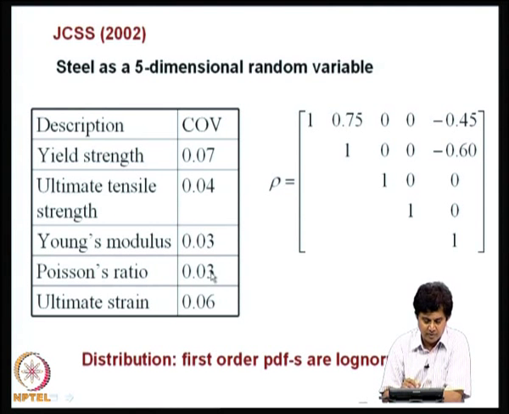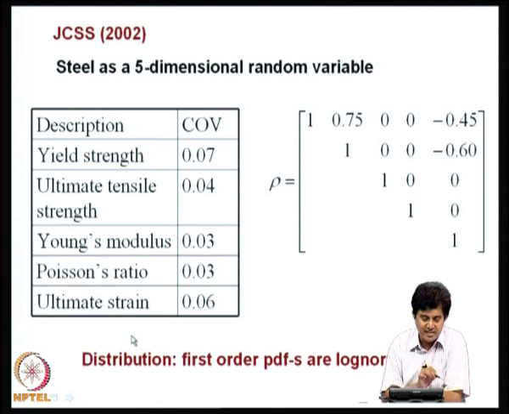Mean can be taken from your test coupons or whatever, but the coefficient of variation is this, and a correlation coefficient matrix is given here, and also stipulated is the fact that the first order probability density function for each one of these variables is log normal.